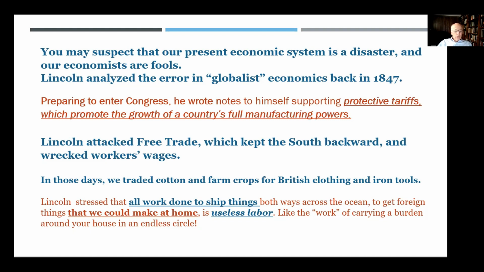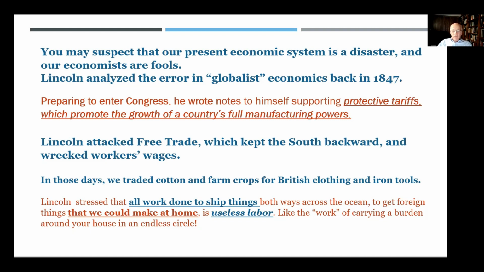He said that if you send your crops and your cotton over to Britain and exchange it for clothing and iron tools, and that's shipped back, all the work that's done to ship things on the ocean and even to take things over to the ports, to get those foreign things that we could have made at home, all of that is useless labor.